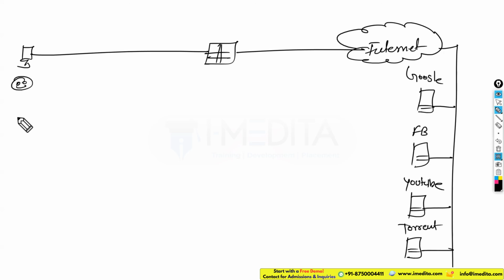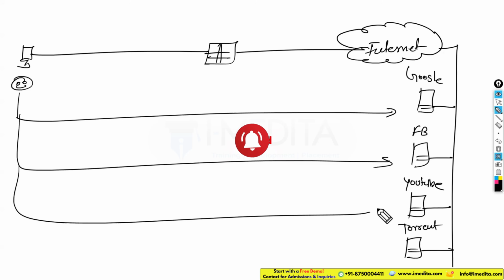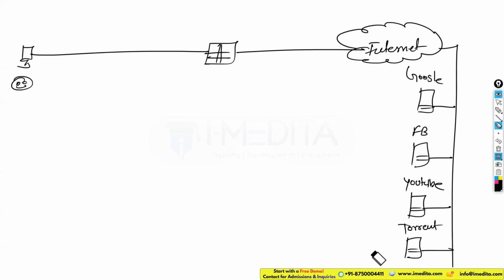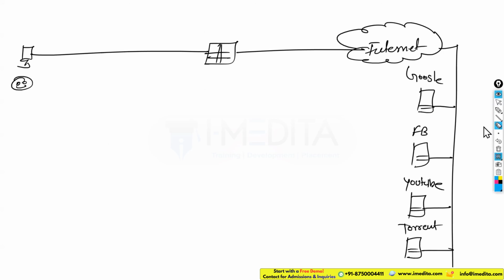Now, this user can access Google, Facebook, YouTube, and Torrent. We don't want the user to be able to access YouTube, Torrent, and other websites. For this, we will enable web filtering. So we will configure the web filter or URL filtering.